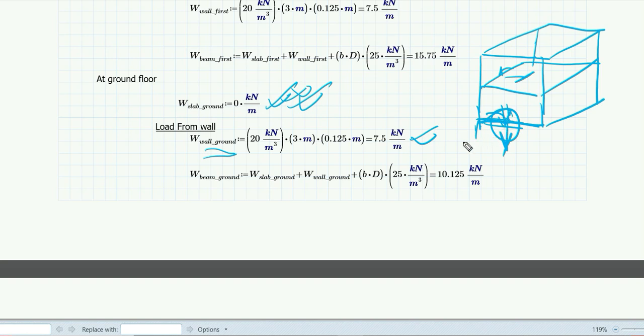So obviously the beam has to take that particular load. So the load at the beam at the ground is going to be W slab, which is 0, then wall, then self weight, which comes out to be 10.125 kilonewton per meter. So this is how you can calculate the load at the beams.